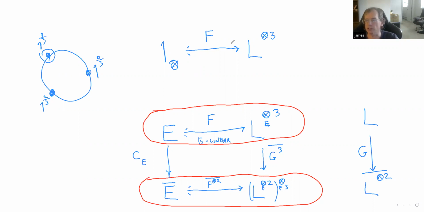That's my big idea of how it's going to work, and that it's not going to be hard to prove, but there is stuff to prove there, and it's going to work in a very nice way.